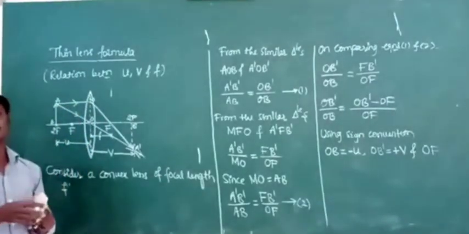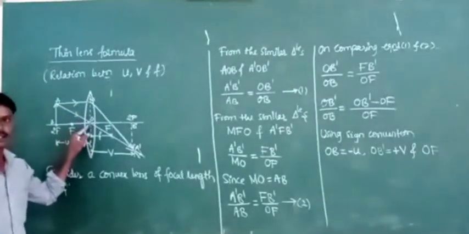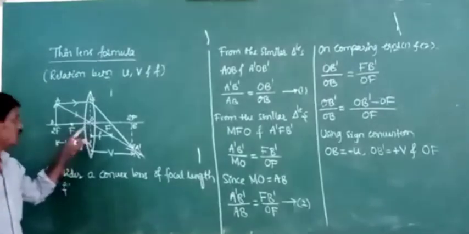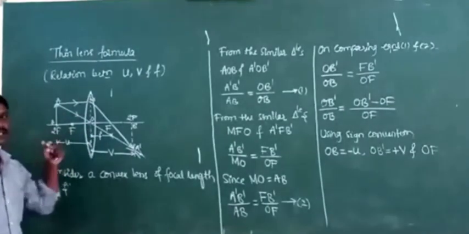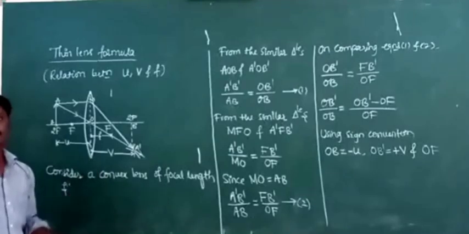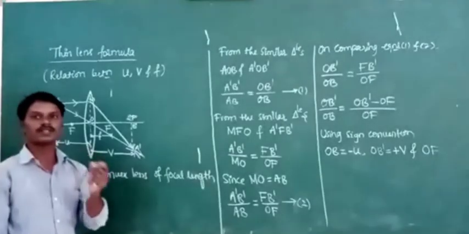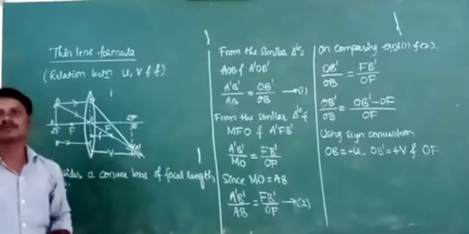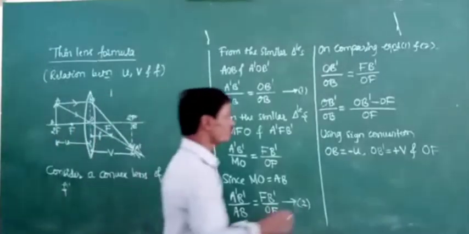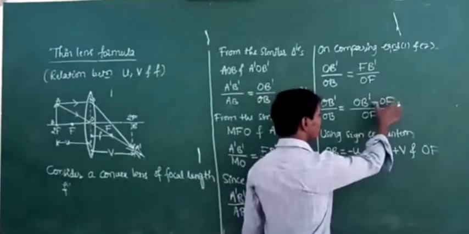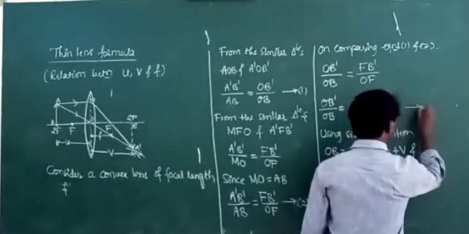If distances are measured in the direction of incident light, they are taken as positive; if in the opposite direction, negative. But one condition: always measure the distance from the optical center.